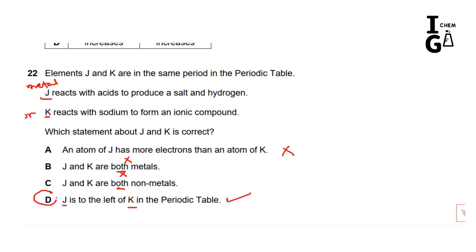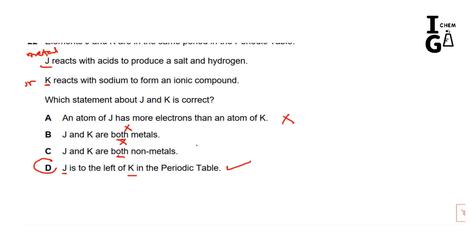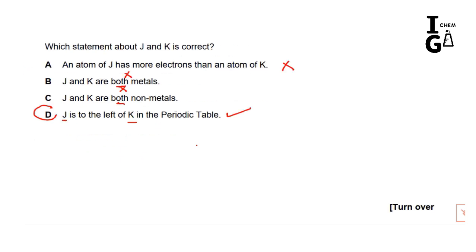If you check, guys, for example, sodium and chlorine, you'll find sodium is here, this is a metal, in period 3, and here is chlorine in the same period. So sodium is to the left of chlorine. So this is the correct answer, because in the periodic table, the period starts with a metal and going to the right side we have a non-metal. Okay.